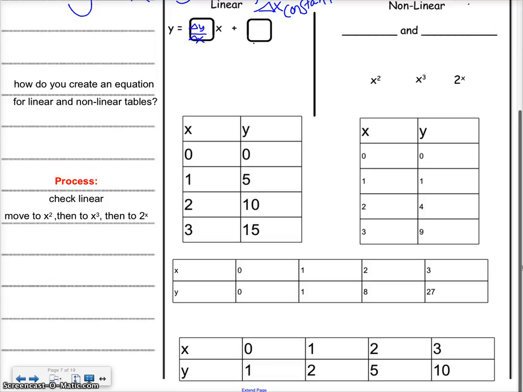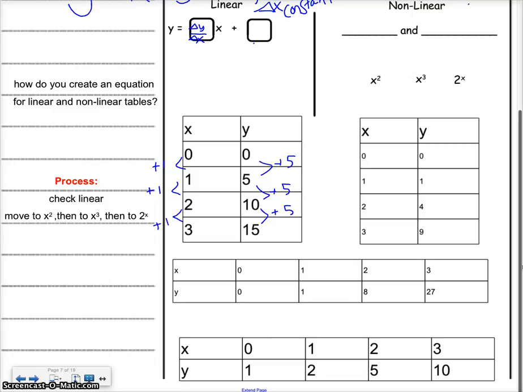First thing I want to do is check to see if it's linear or not. Plus 5, plus 5, plus 5, and then this is plus 1, plus 1, plus 1. Yep, that's right.